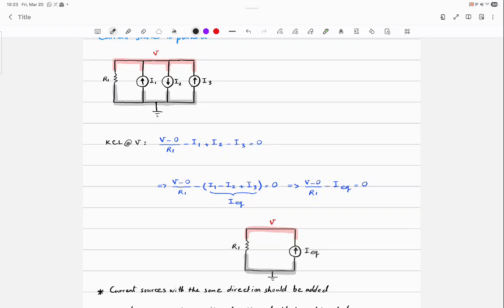If you look at what IEQ is, see, IEQ has the same sign as I1. IEQ is equal to I1 and then some other term. So its direction must be consistent with I1. Do you see that? But if you look at I2, IEQ is negative I2 and some other terms. It means that I2 and IEQ should have opposite direction. That's one way to look at it. Okay? Does that make sense?